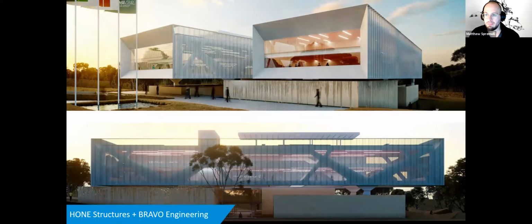A second team was from Brazil. They're called Home Structures and Bravo Engineering. They really wanted to make expressive, occupiable trusses or concrete beams. And they thought that this was a great aesthetic to pursue with both architects and engineers.